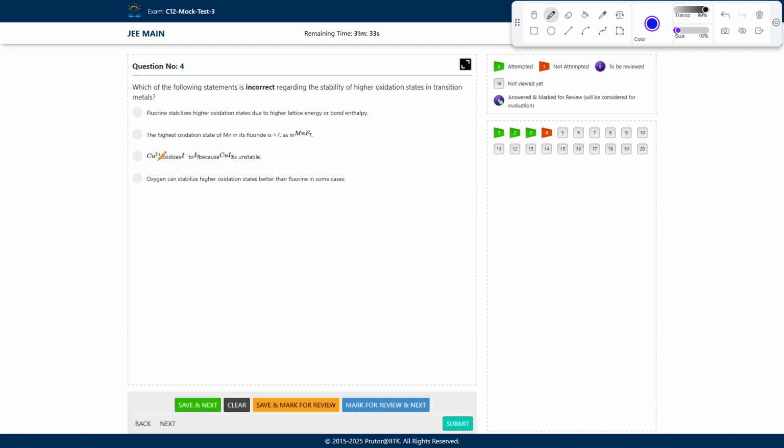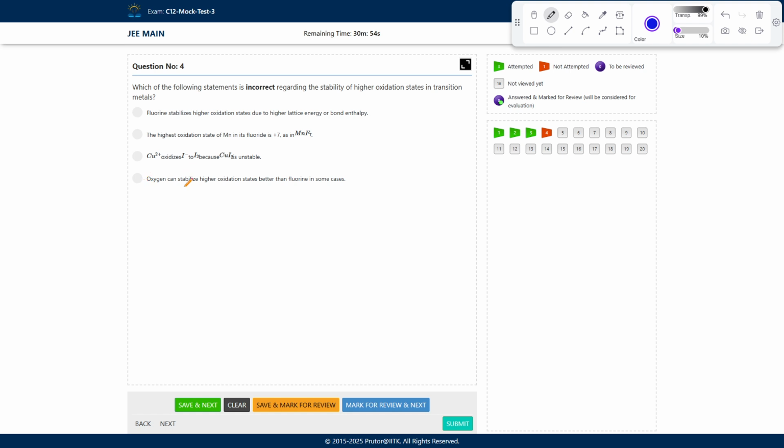If you see the third statement, which says that copper 2 positive oxidizes iodide ion to I2 because copper iodide is unstable, that is also correct, because copper 2 positive actually oxidizes I negative to iodine. That's why it doesn't form this copper halide with iodine. Copper doesn't form the halide with iodine because copper iodide is unstable, as copper oxidizes the iodide ions to iodine when it reacts with them. So this statement is also going to be correct.